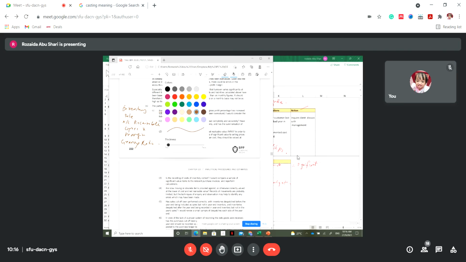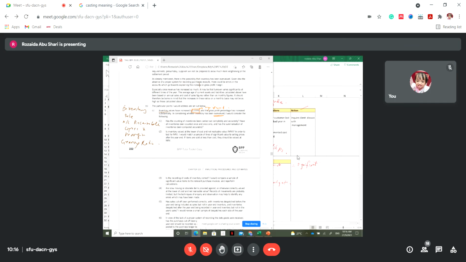So your inventory value increased by 229%, which is considered significant. And the gross profit percentage has increased substantially, in considering whether inventory has been overvalued. So when it increases significantly, you have to be skeptical that inventory may be overvalued.